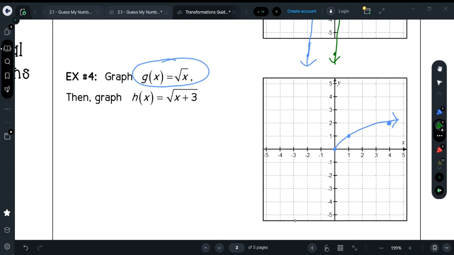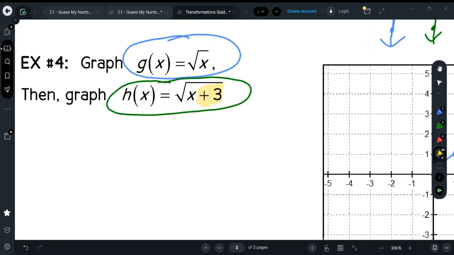Now let's take a look. H of x. In here we also have a square root function, but it has a transformation. It has a +3. Now look, is that inside or outside? And maybe I'll point this out to you here. This is on the inside of the square root.